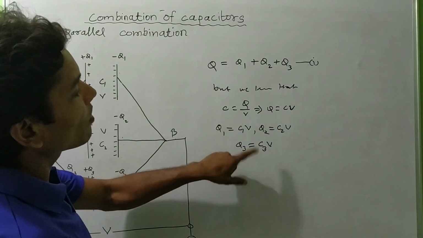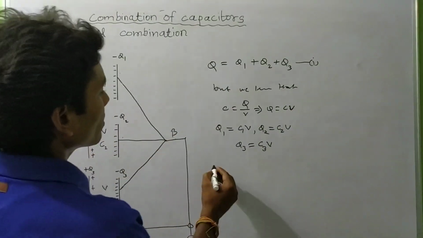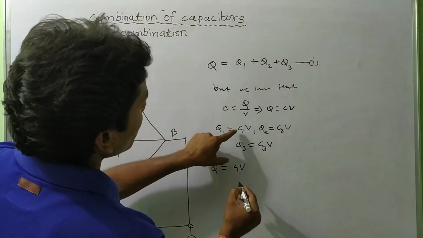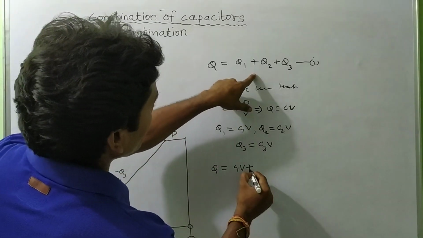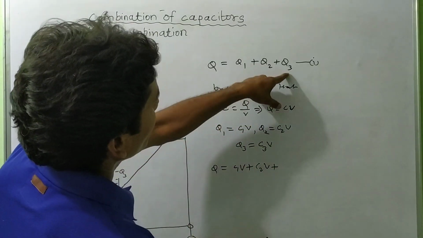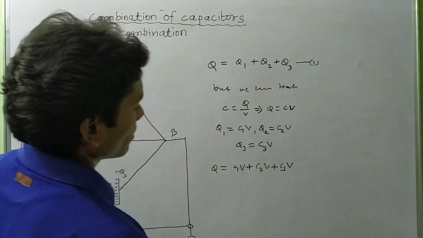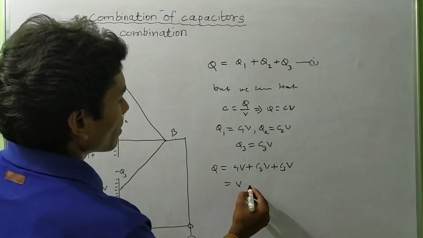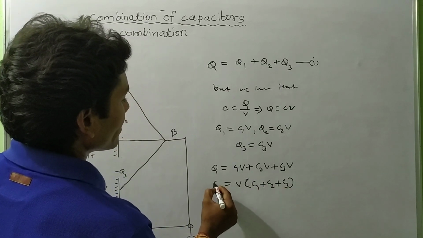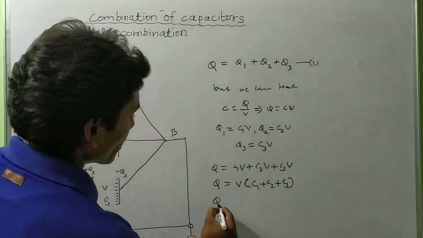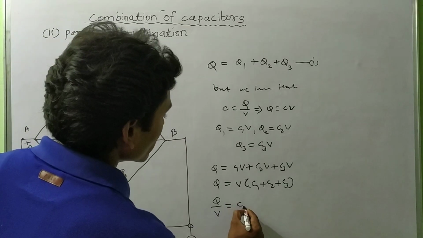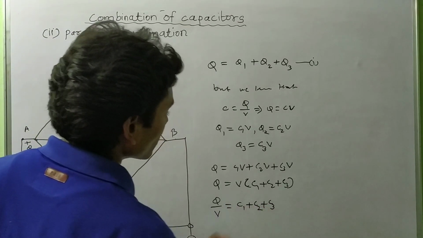On putting the values of Q1, Q2 and Q3 in equation first, you will get Q equals C1V plus C2V plus C3V. V will be common, so Q equals V times C1 plus C2 plus C3, or Q upon V equals C1 plus C2 plus C3.